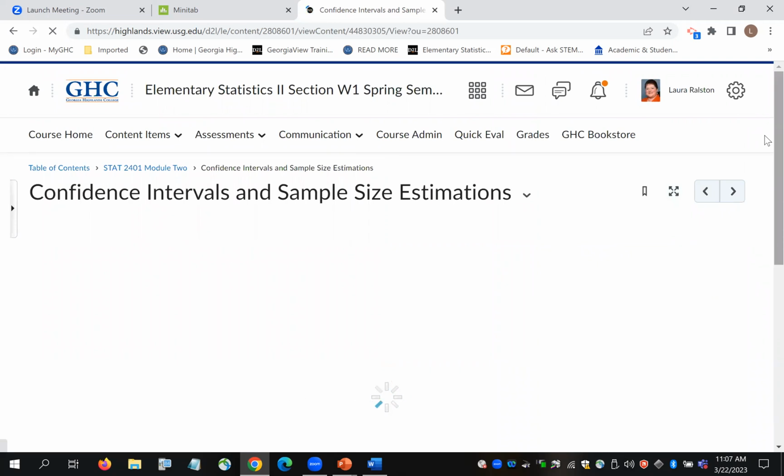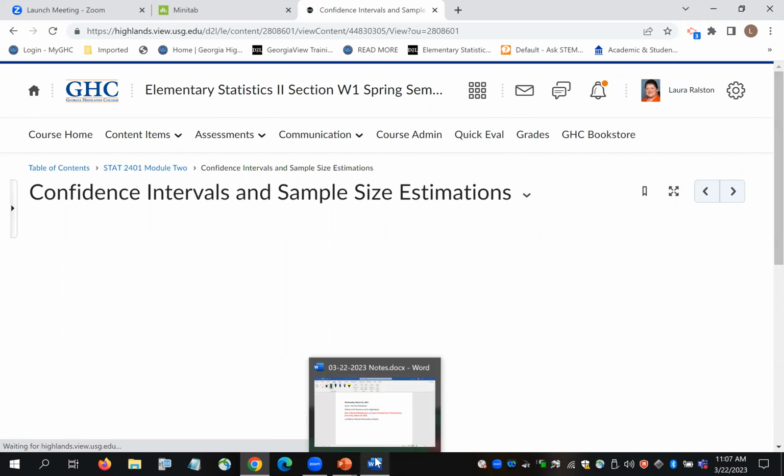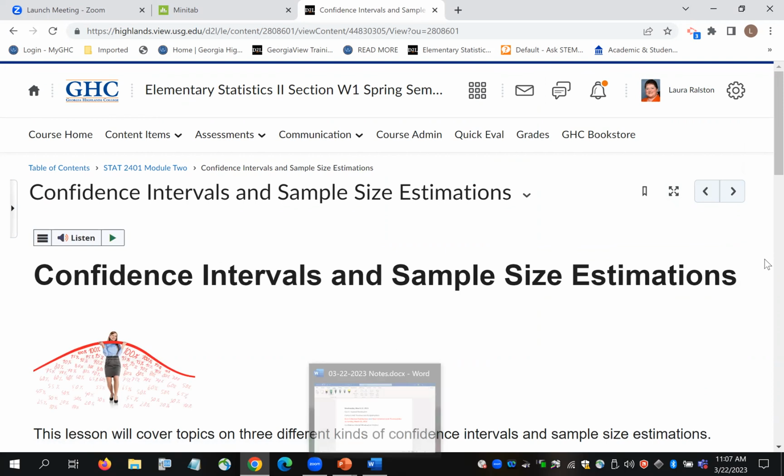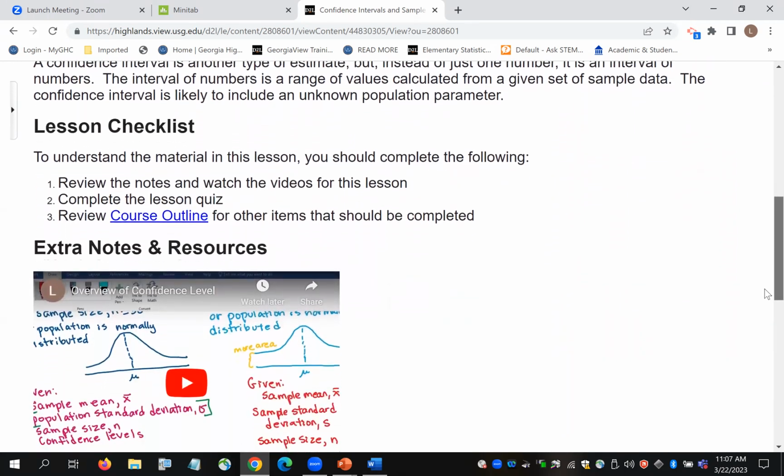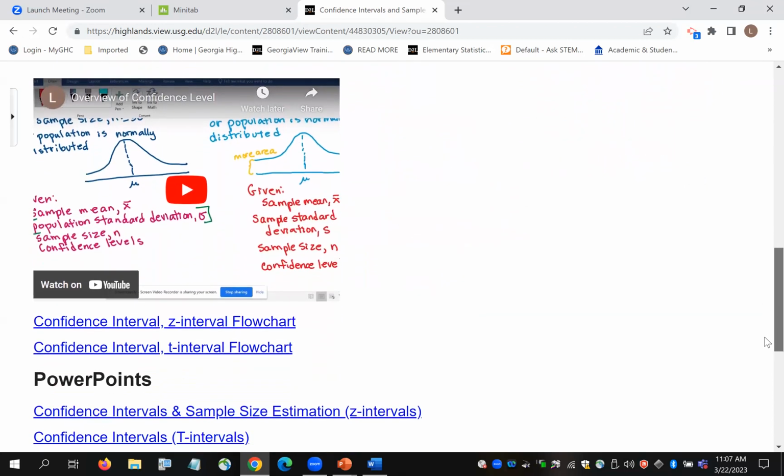Again, we'll be a little bit ahead of schedule, but I know spring break is coming up. I will tell you that mini project 2 is related to this idea of confidence intervals.